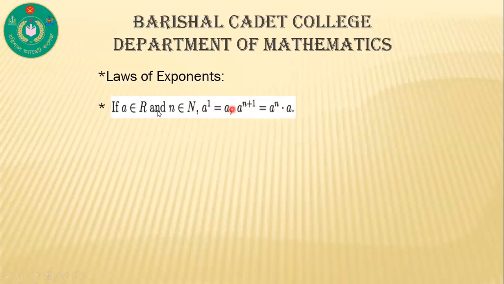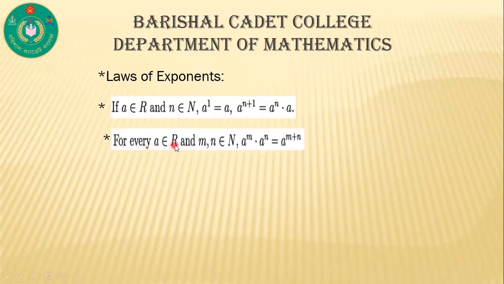Here a to the power n is the product of n factors, and a means a to the power 1. Then a to the power n plus 1 is equal to a to the power n into a.